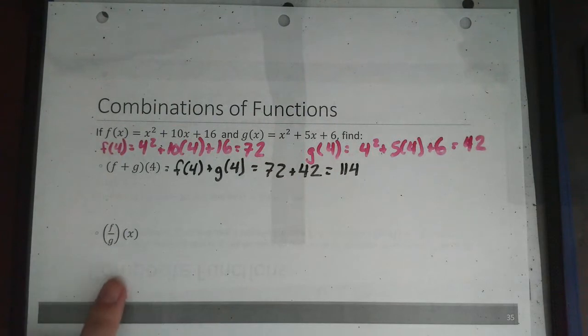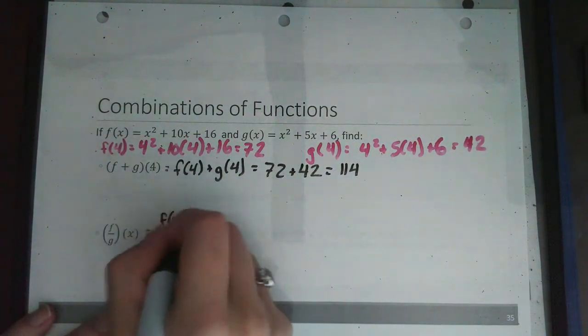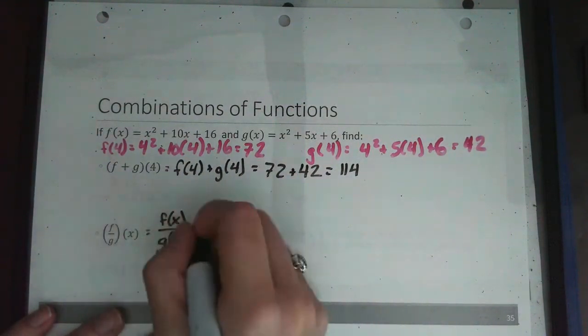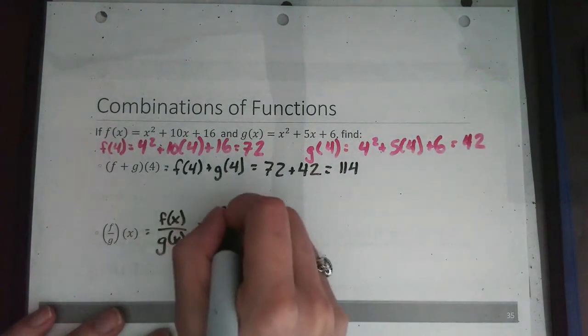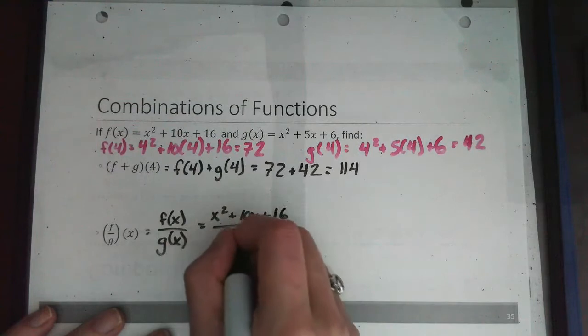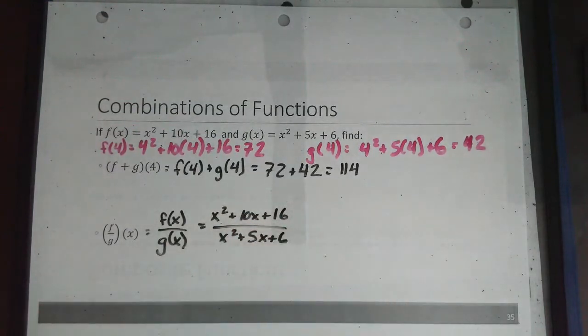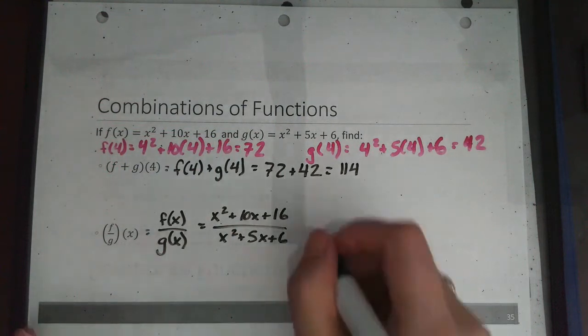For the next one, we want to find f over g of x, which means I can look at it as f of x over g of x, which is x squared plus 10x plus 16 over x squared plus 5x plus 6. But as we learned earlier in this unit, it's best to simplify our rational expressions if we can.